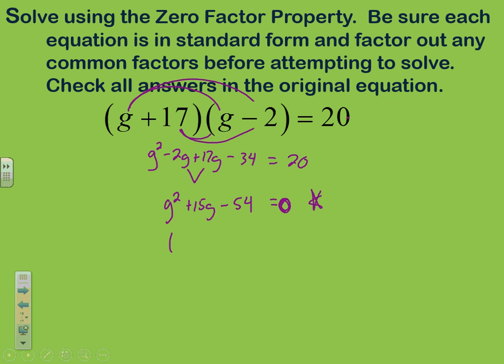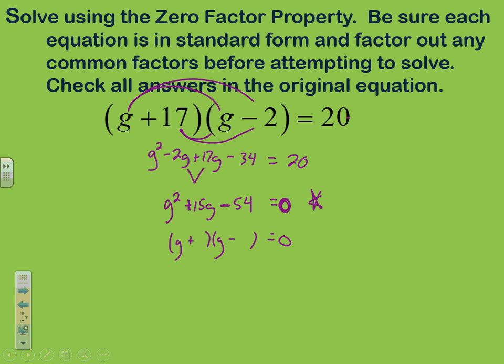So here, put my parentheses. This is a g, this is a g. Now here, because this is negative and this is positive, that really tells me that one of these is positive and one of these is negative. Because when I multiply them together, I have to have opposite signs in order to get a negative sign for that third term.